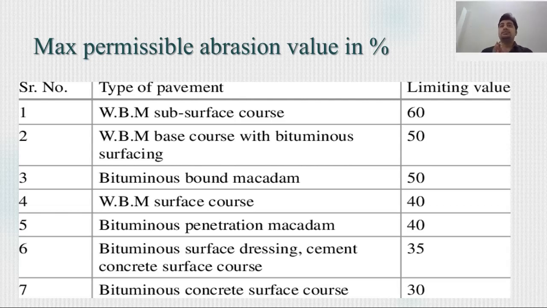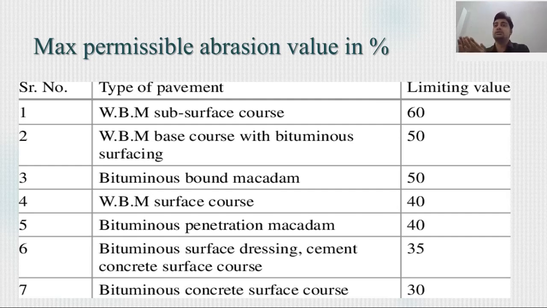So there are some criteria for different types of pavements, like WBM sub-base course. It should not be more than 60% abrasion value. For example, WBM base course with bituminous surfacing should not be more than 50%. Bituminous bound macadam 50%.